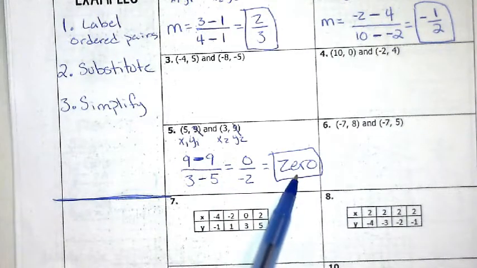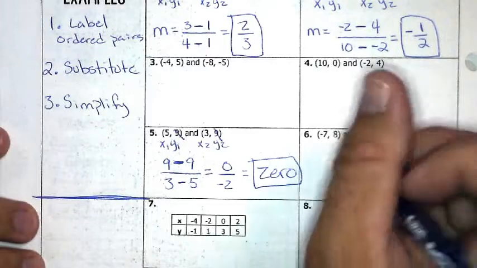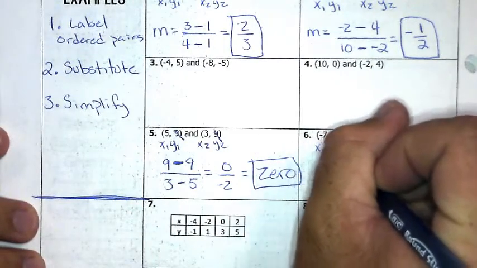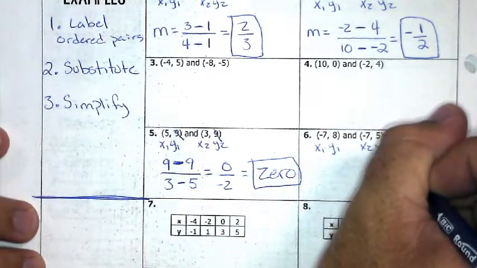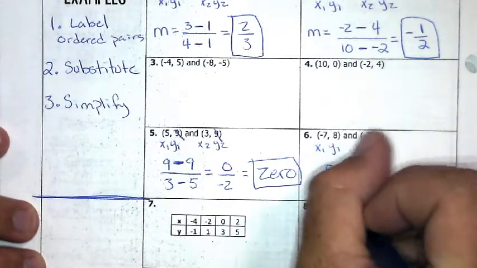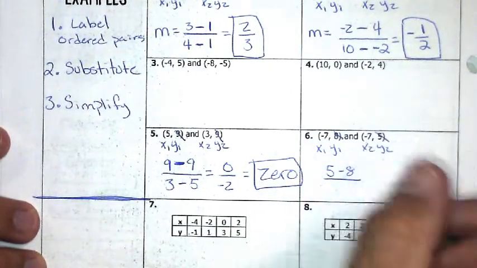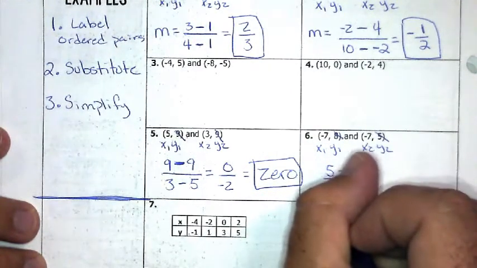Looking at 6, speed the process up just a little bit. So now I have 5 minus 8 over. Now what's the value of my x2? Negative 7. The formula says it must be subtraction. What's the value of x1?